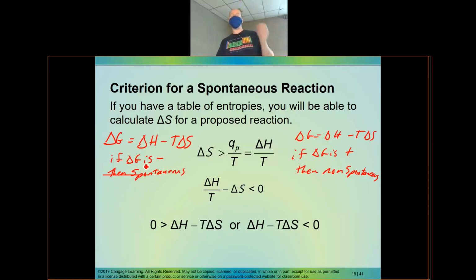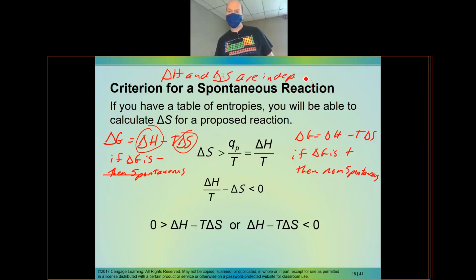Your delta G is highly dependent on the temperature. Your delta H and your delta S are independent of temperature. So delta H and delta S are independent of temperature. All right, so it doesn't make any difference what the temperature is.